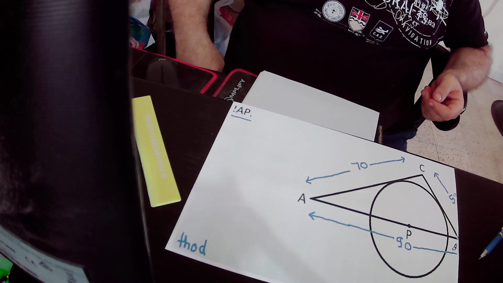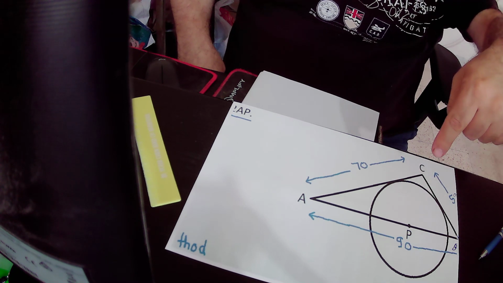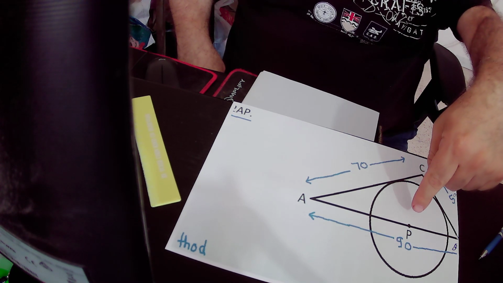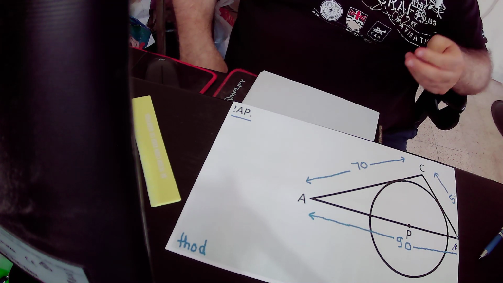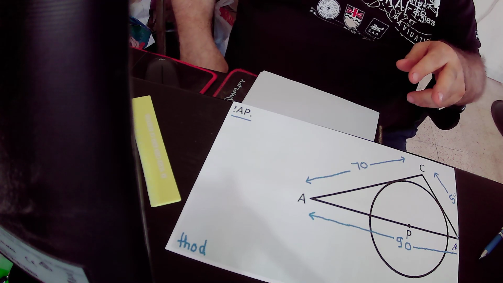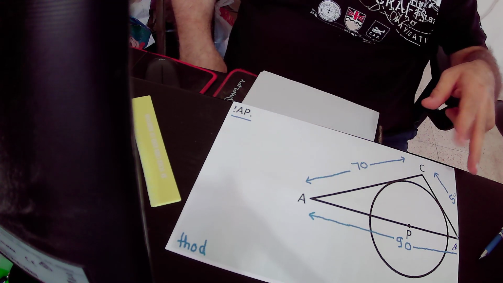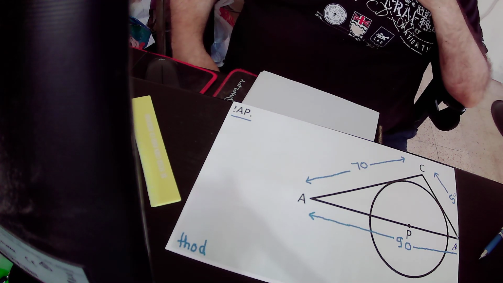We also have here a circle. The center of the circle is point P, and point P is on side AB of the triangle.